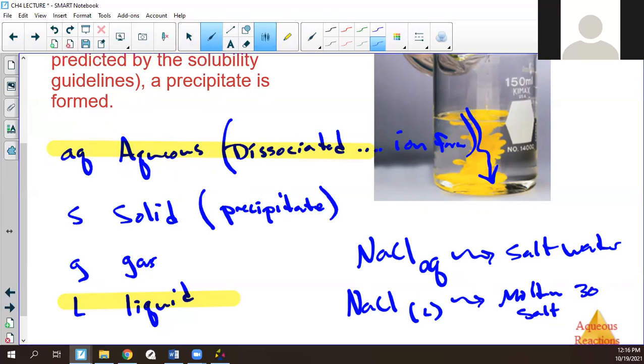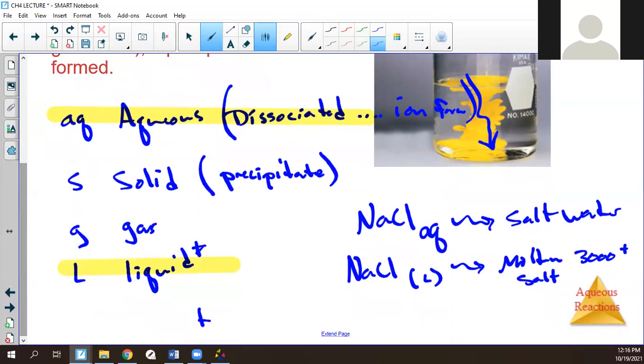That'd be like 3,000 degrees. It's a little bit different, right? So don't confuse aqueous and liquid. The most common liquid that we do is H2O. H2O will never be written as aqueous because that's what causes it to be aqueous. It's always a liquid.